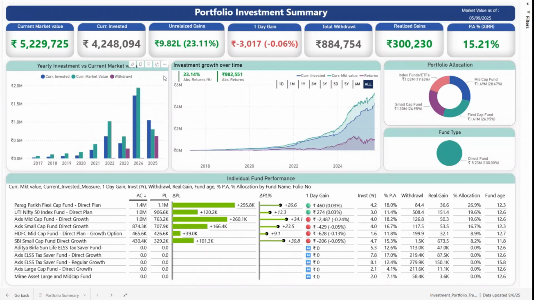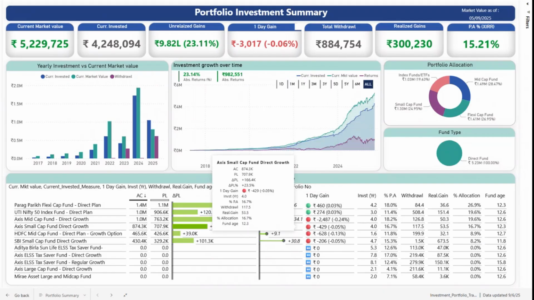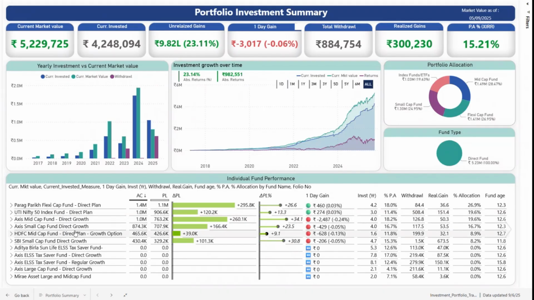The second thing is, this is the overall portfolio, but you would also like to know your individual fund level details. That is where the individual fund performance table comes into the picture. For my investment journey starting from 2017 until today, I was holding almost 6 plus 11 funds in my entire 8-year history.